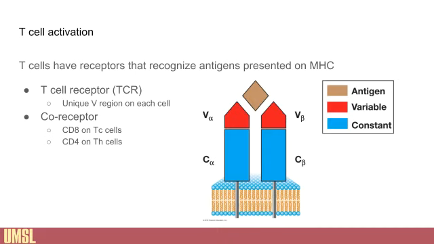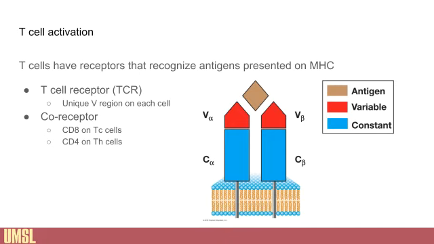This is another example of these big immunoglobulin proteins, a kind of broad family of proteins. Basically, they're big blobby proteins that get stuck on the outside of these cells, on the outside of T cells.